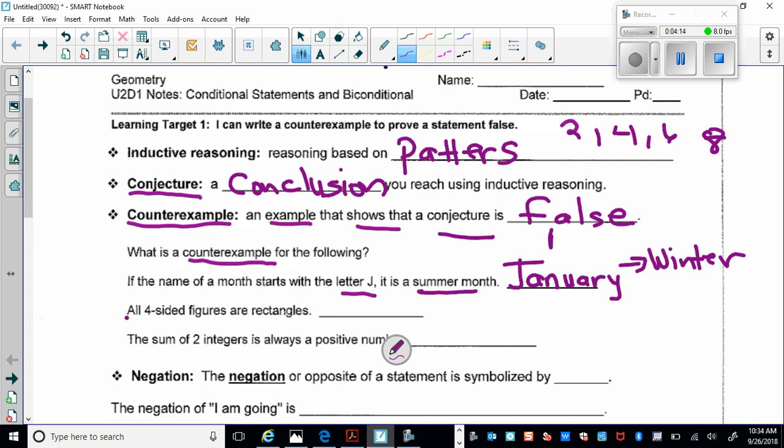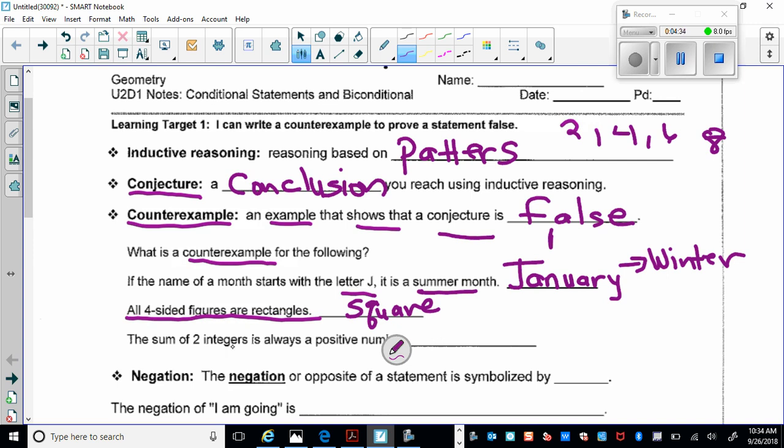Another statement would be: all four-sided figures are rectangles. You can say no, what about a square? Or what about a parallelogram? What about a kite? So you can come up with reasons to make that statement false. That example you're coming up with is called a counterexample.